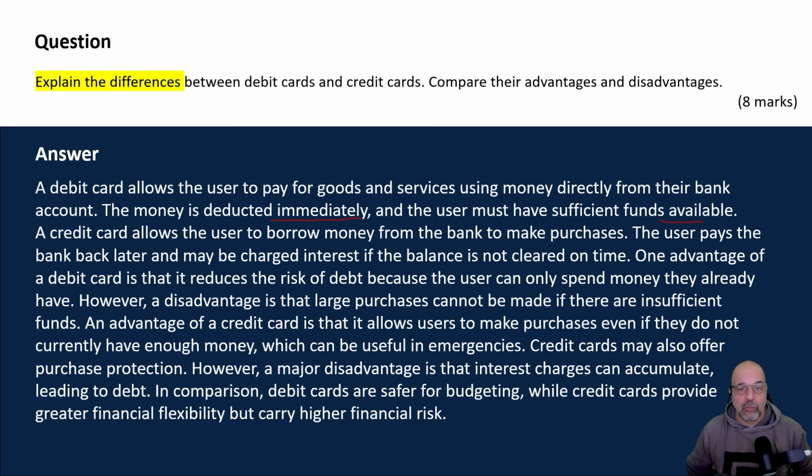So if you've got 300 euros in there, you've paid 100 euros, you only now have access to 200 euros. It hasn't actually left and gone to the other person's account, but it has been removed from your access, that 100 euros. A credit card allows you to borrow money from the bank to make purchases. The user pays the bank back later and may be charged interest if the balance is not cleared on time.